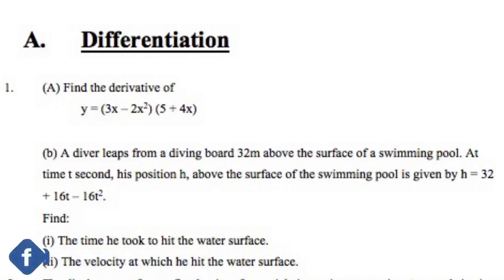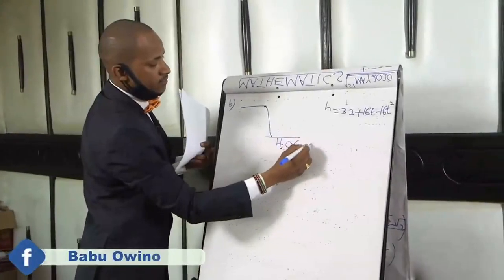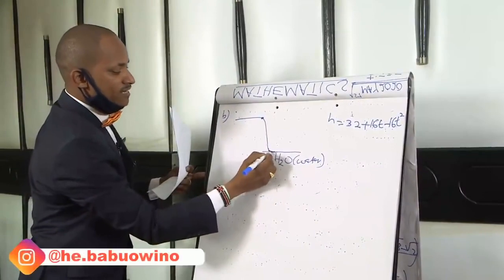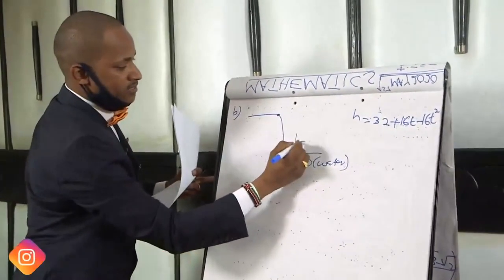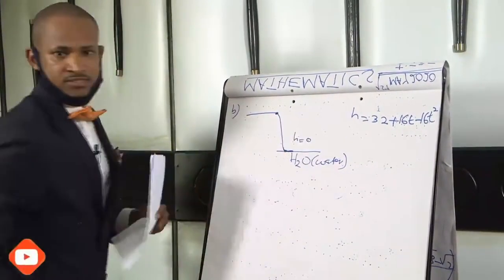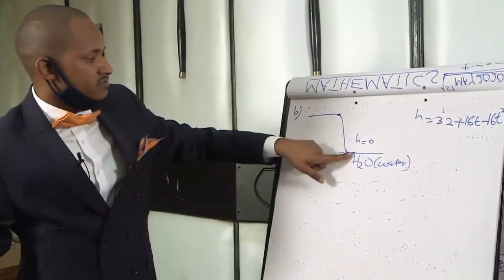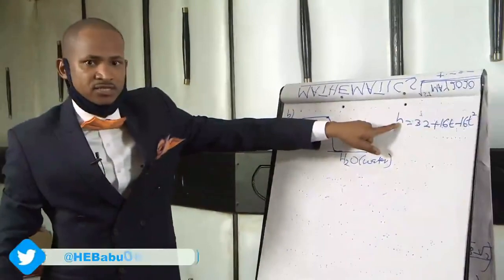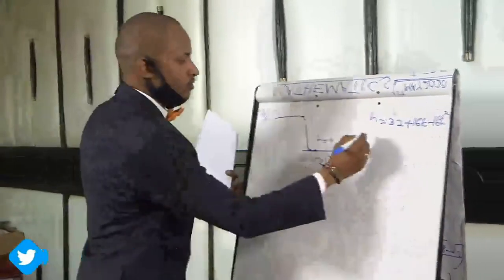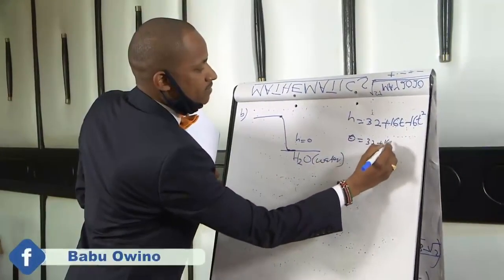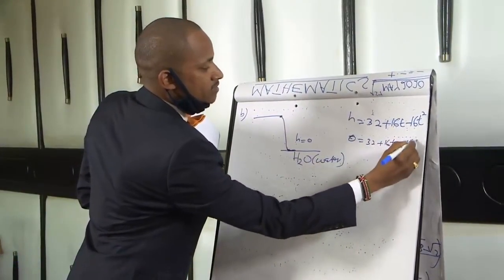If this is water, at the water surface, height is 0. Therefore, if they want the time taken for the diver to hit the water surface, we replace the height with 0. So here is 0 equals 32 plus 16t minus 16t squared.